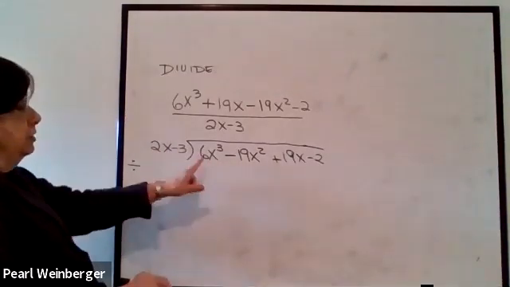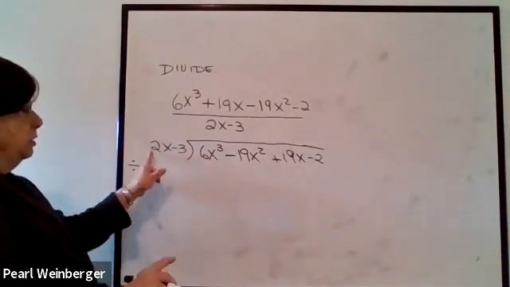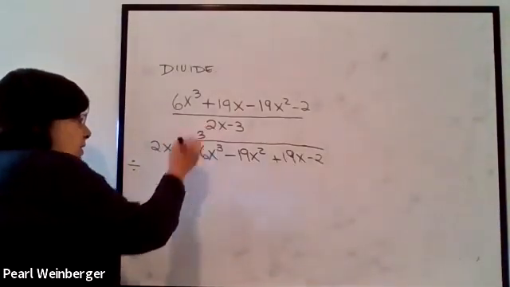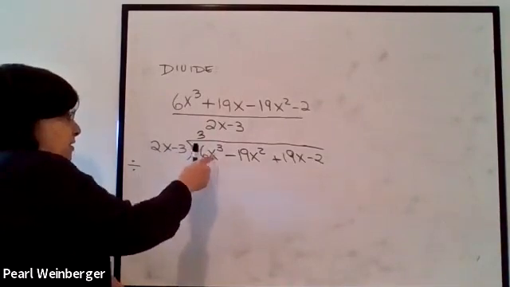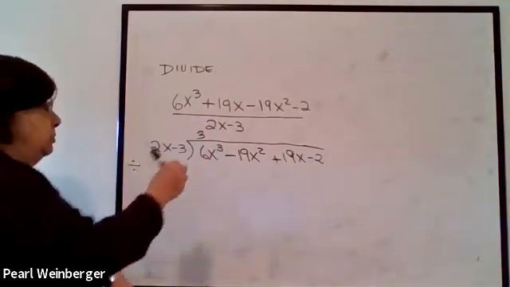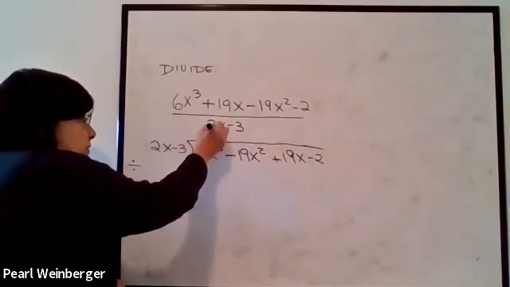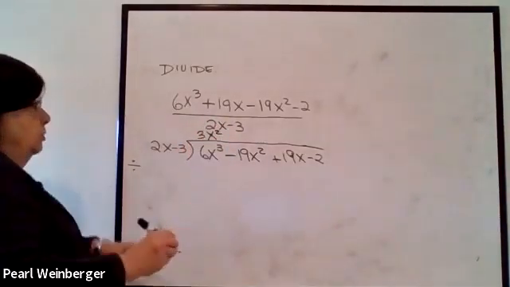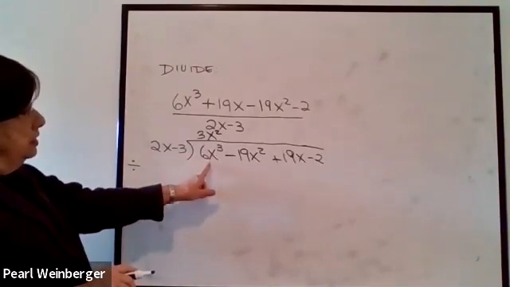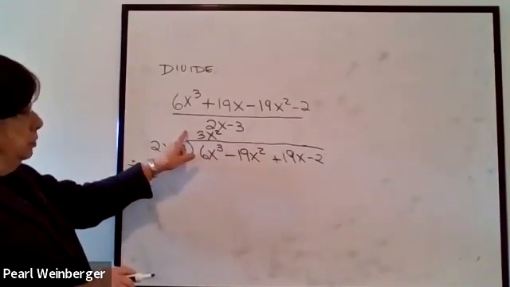Divide first into first. So that's not so hard. 2 divides into 6 gives me 3. And x divided into x cubed, remember, and then we're subtracting our exponent, is going to give me an x squared. So the first thing I get by dividing the 2x into the 6x cubed is 3x squared.